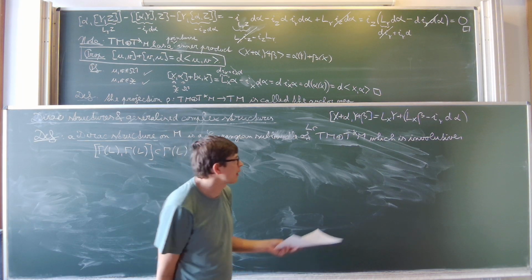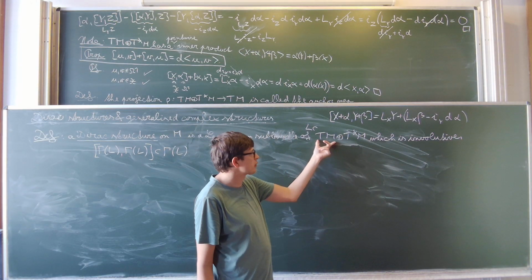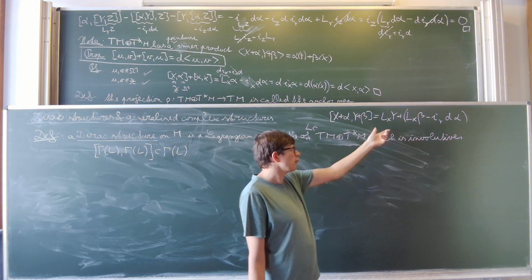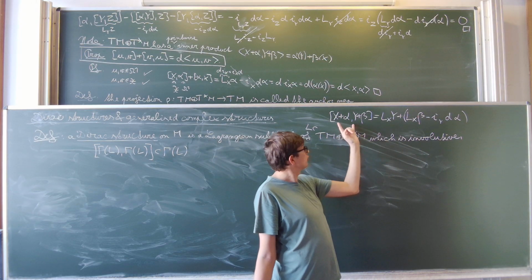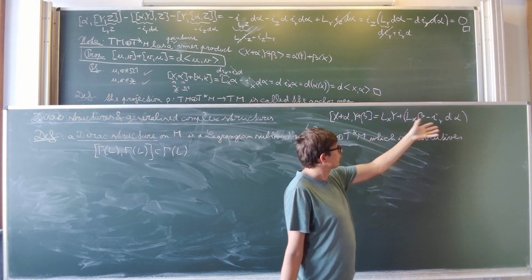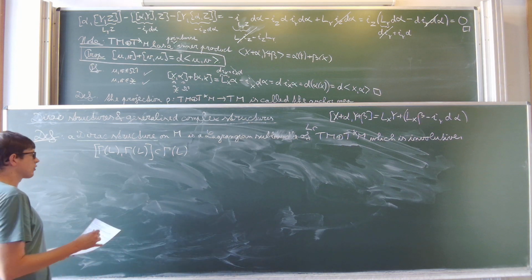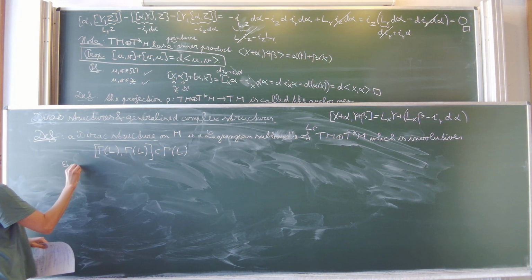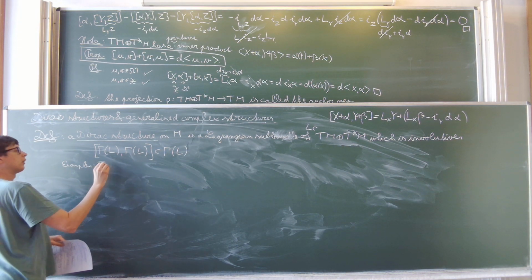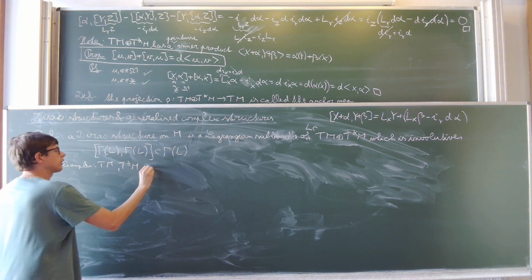So from the grading you can see we get degree 0, so the bracket closes on that. More explicitly in the formula, you see that two vector fields give another vector field. If you have two one-forms, then the bracket of one-forms is 0, again for degree reasons. So they are both actually Dirac structures. So examples: TM or T star M are Dirac.